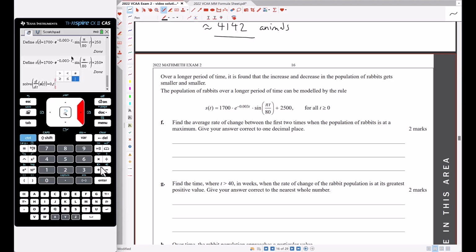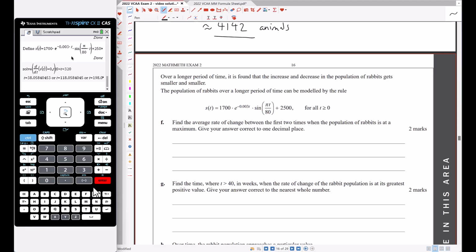Let's just do that over the domain that we can see on the graph, about 0 to 320. Okay, so as I just said, we saw from the graph that it'll be the first and the third one here that are the maximums.